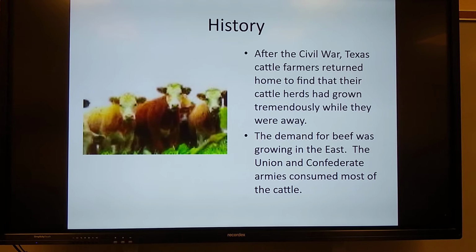They ate all the cows, just about. So the demand for beef was growing in the northern and southern states. In Texas, however, their cattle herds had grown. They had more cows than what they had when they had left for the war.